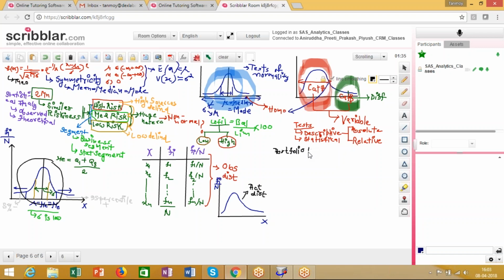So what is the portfolio loss? On a quarterly basis, a bank always incurs certain losses. When I say loss, the loss means the amount that cannot be recovered, which is what we call the charge-offs. So what is a charge-off?